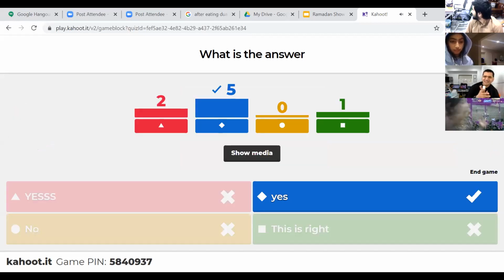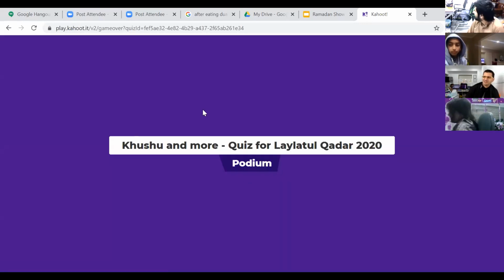You might be wondering why it's blue yes. Probably it's the only one that's suitable. To be honest, I did not know the point of this question either. You might have to ask Shayan for that. But anyway, let's check the leaderboard. It's a common sense question. It's also a memory question. Okay, so final positions.